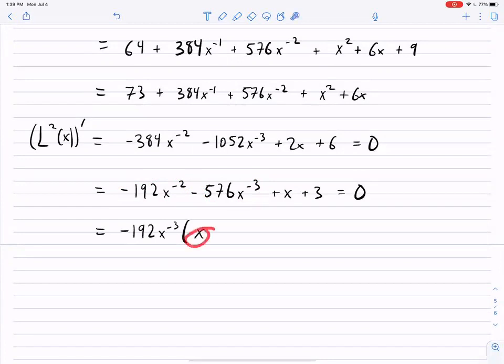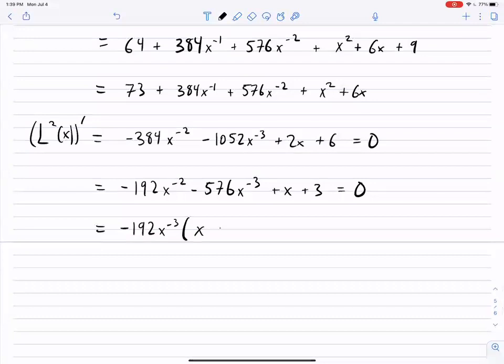Because x times x to the minus 3 gives x to the minus 2. And then over here will be plus 3, because 3 times negative 192 is negative 576. And so plus 3 and then plus x plus 3.